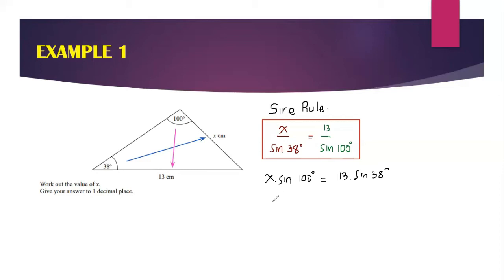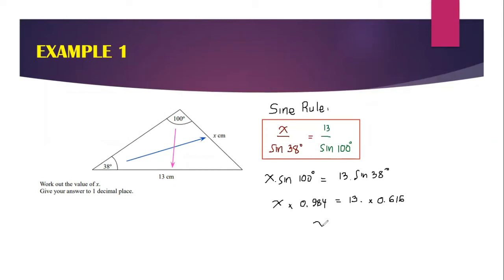Okay, students, please help me. What is sine 100 degrees? By using a calculator, sine 100 degrees is 0.984, right? And then 13 sine 38 is 0.616, right?